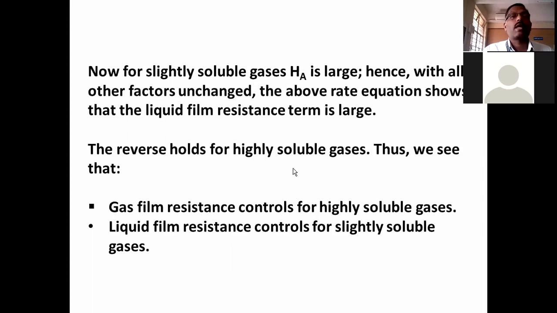So for slightly soluble gases, HA is large. Hence, with all other factors unchanged, the above rate equation shows that the liquid film resistance is large, meaning the liquid film resistance controls for slightly soluble gases. You must remember these things.